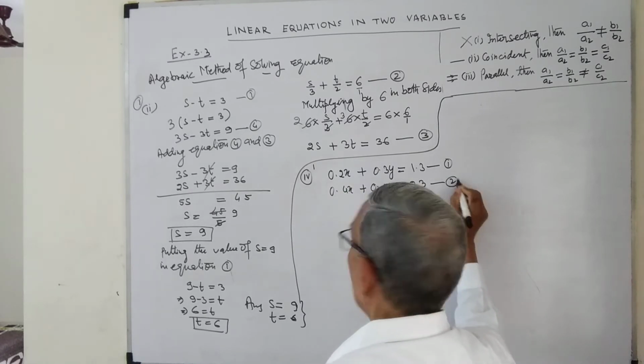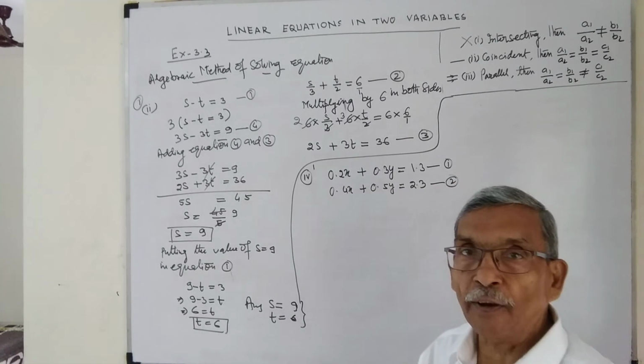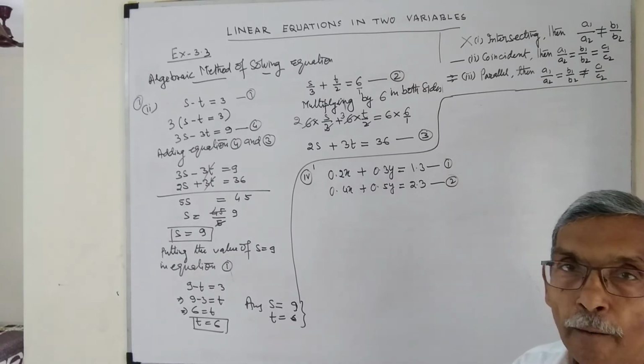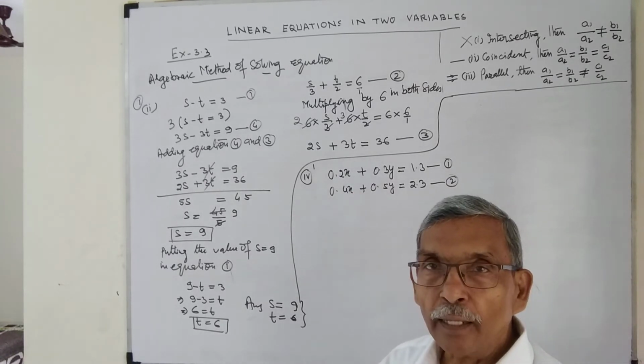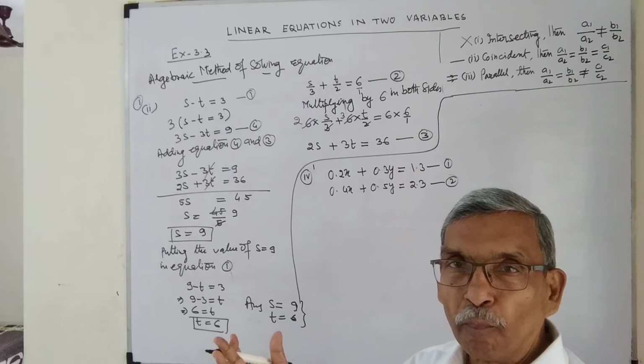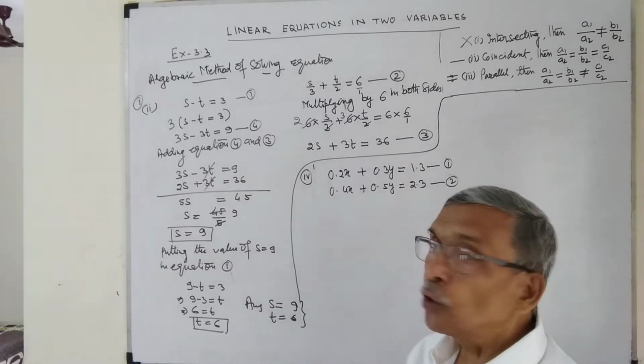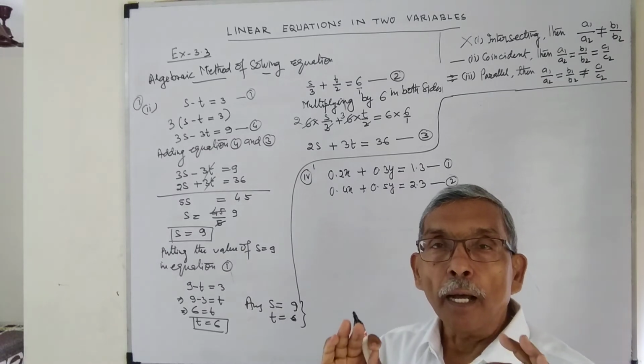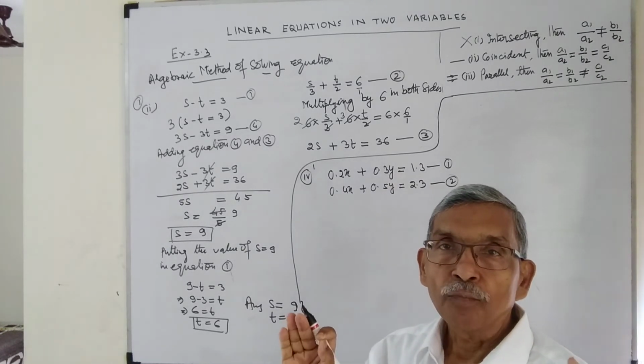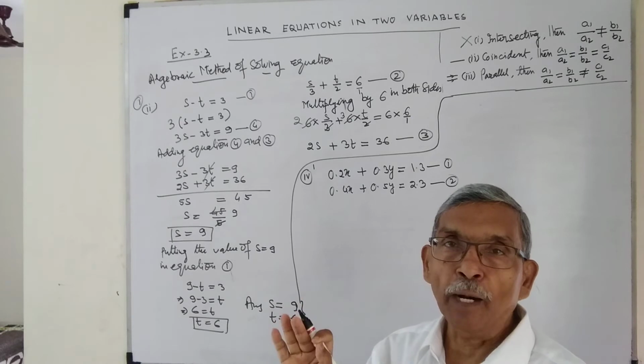So this is equation number 2. These two equations are given to you and they are in decimal. So many students are scared of this type of sum because of the decimal. Simple funda: you will convert this decimal to a whole number.